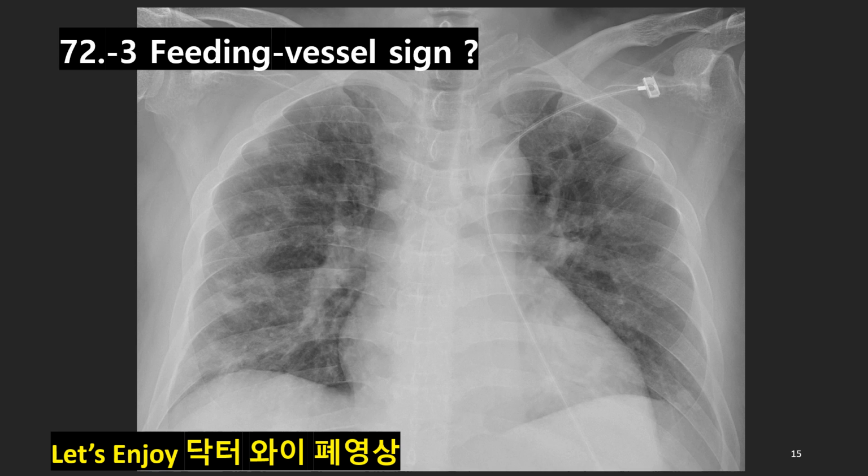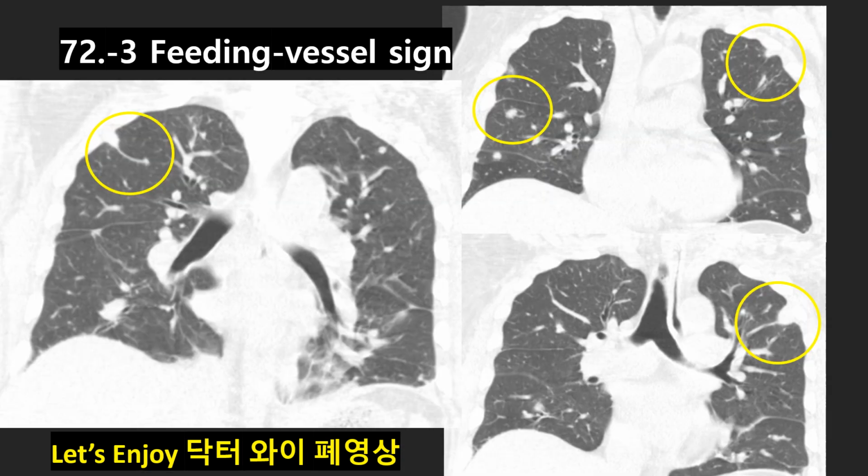How about this chest radiograph of AP supine view? What do we see? Yes, many bilateral, ill-defined, variable-sized nodules of peripheral distribution, bilateral distribution, septic pulmonary embolism. These three CAT scan images show us several septic emboli with the so-called feeding vessel sign.